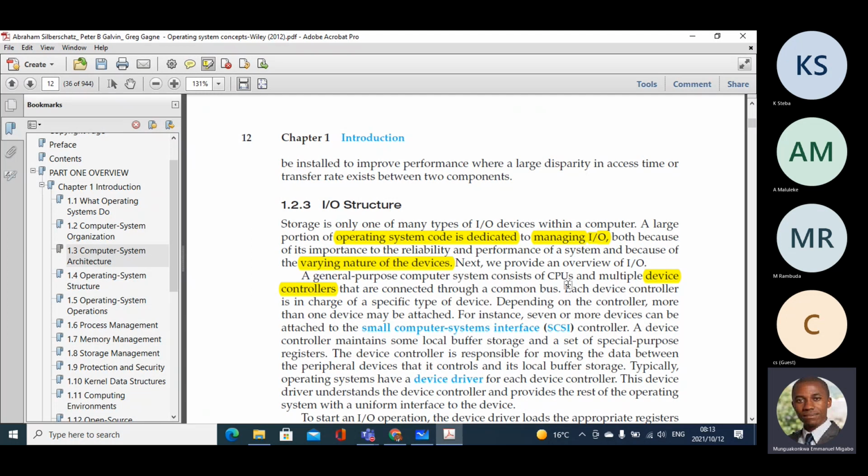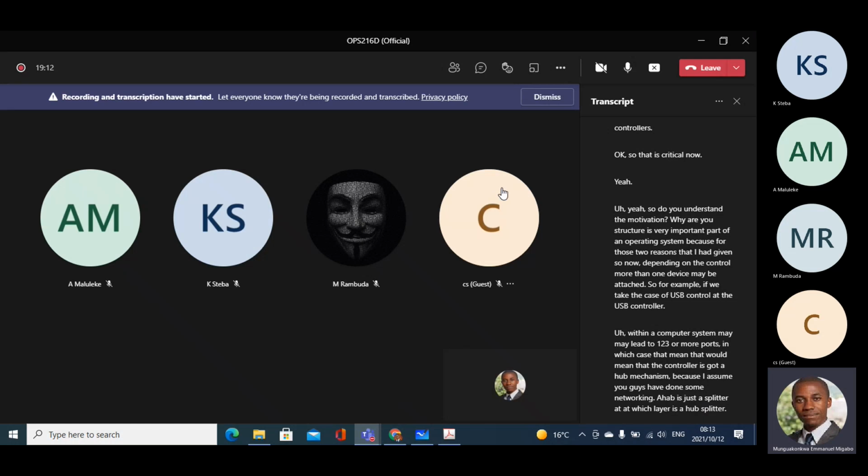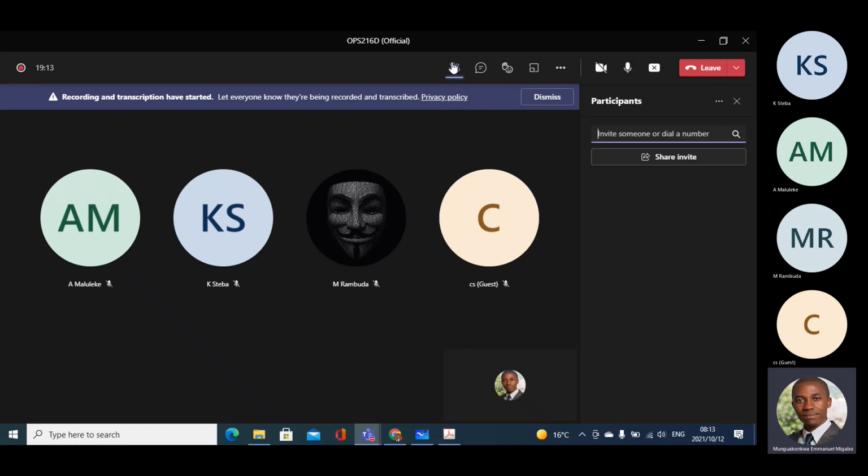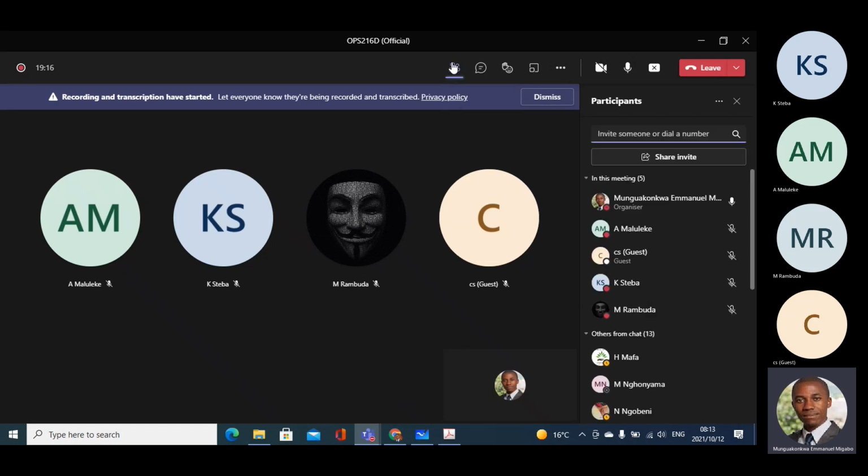At which layer is a hub a splitter? Let me ask. Let's ask CS. No, CS, are you there? Okay, Maluleke, at what layer is the hub a splitter?